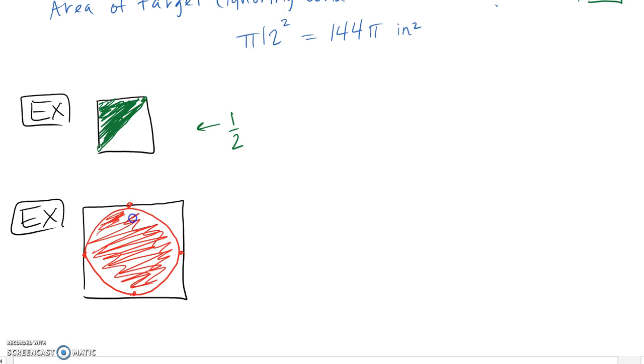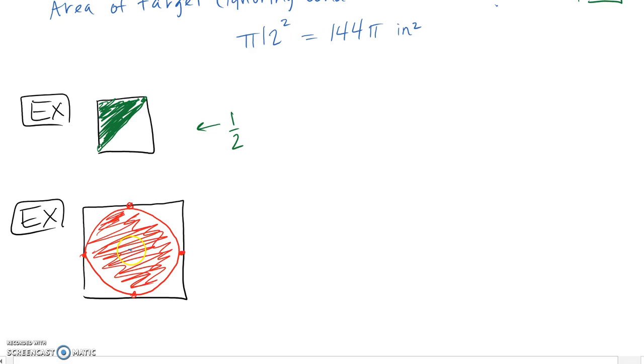Whenever you have a circle inside a square like this where it's touching the corners, what percentage does it look like that it is? It's pretty high. I'll go ahead and figure it out for you, but you should just know that that's always the case. It doesn't really matter what size the square is and what size the circle is, because if it gets bigger, it's just still the same percentage.